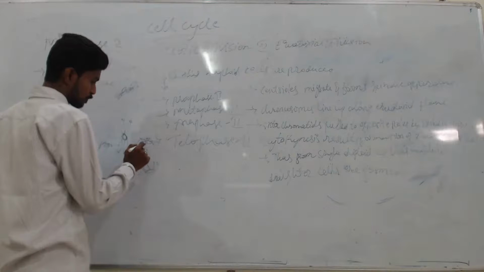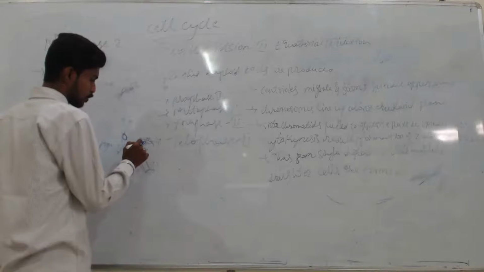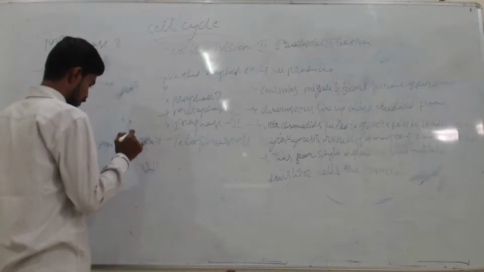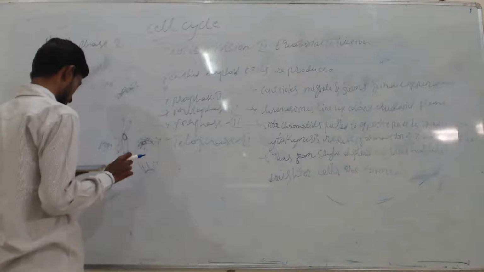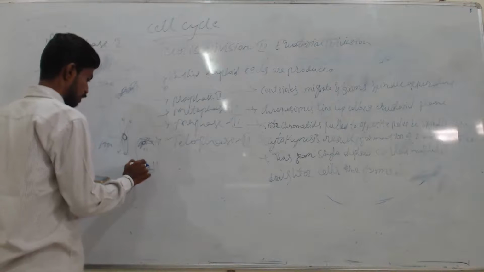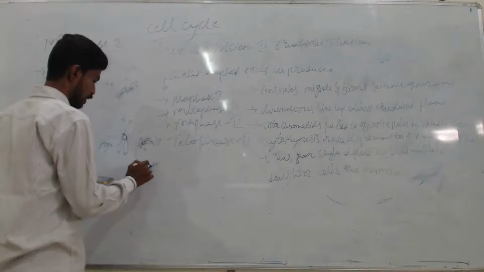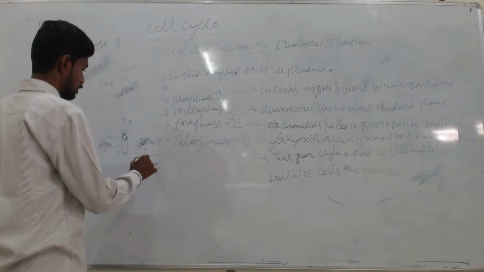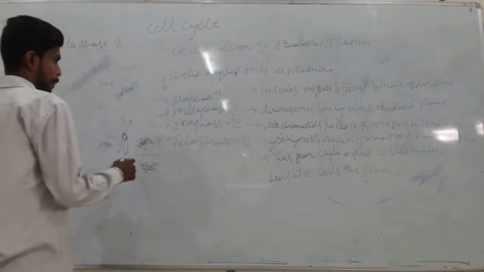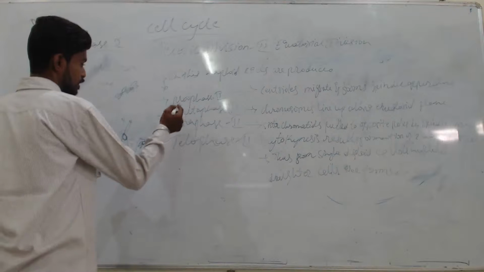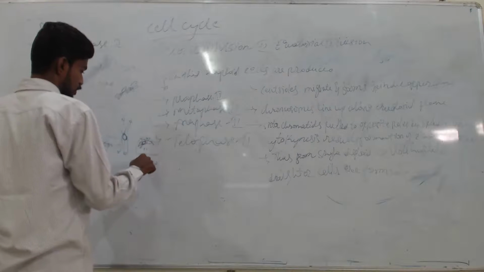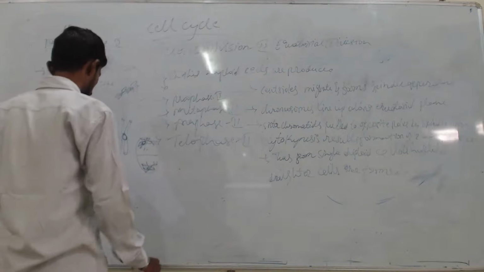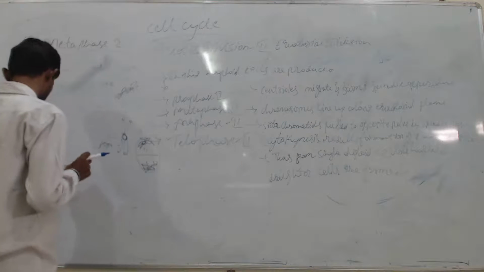These chromosomes and centrioles are pulled to the opposite poles and form the spindle apparatus. This is the equatorial plane. In this prophase, the centrioles are pulled to opposite poles and form the spindle fibers, or the spindle apparatus.